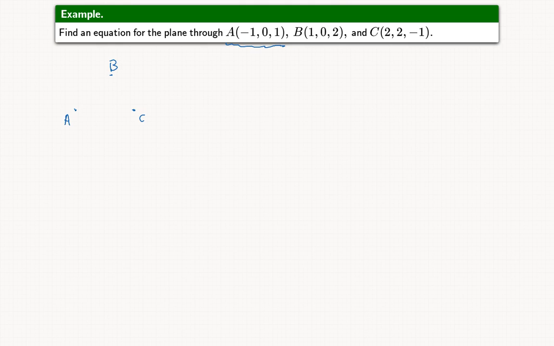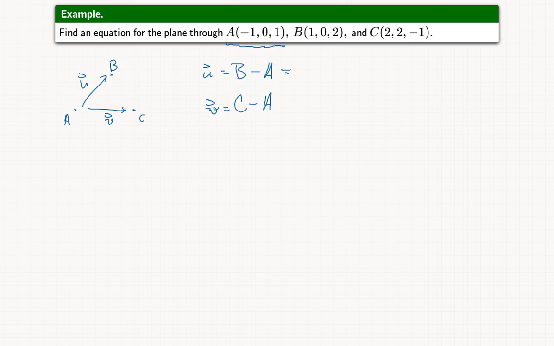So if I imagine these 3 points, I'll define vectors u and v as b minus a and c minus a. These vectors both lie in the plane, and so they are both going to be orthogonal to the normal vector we're looking for.